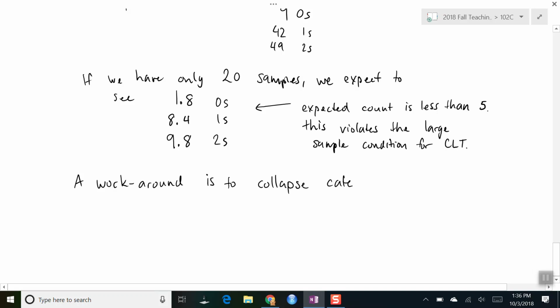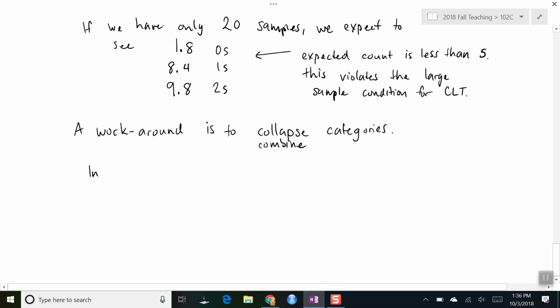One way around this is you can collapse categories. So the workaround is to collapse or combine categories.